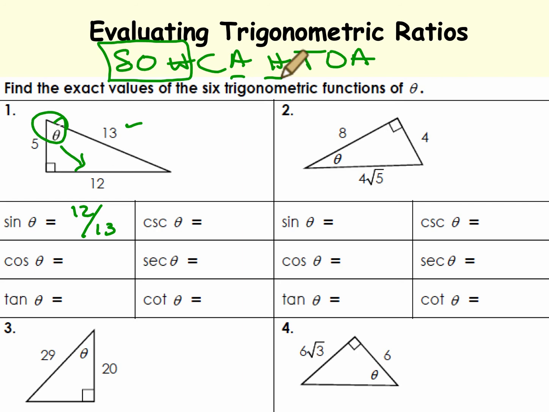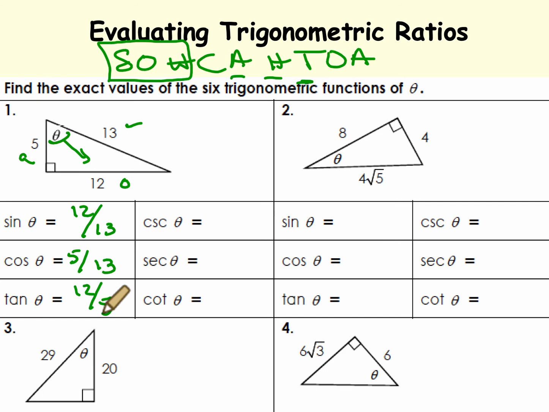So 5 is my adjacent side, and 13 is still my hypotenuse. If I want tangent, remember, tangent is the ratio of opposite over adjacent. So if I'm right here, my 12 is my opposite, and 5 is my adjacent. So that's 12 over 5.